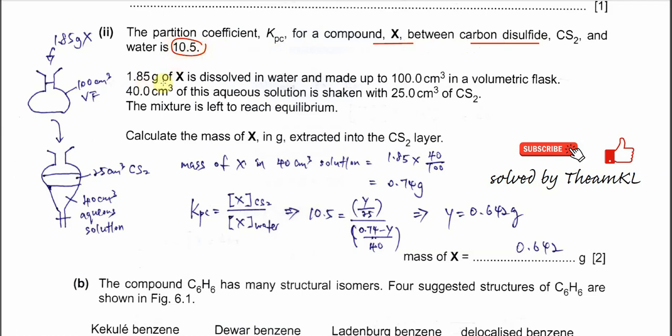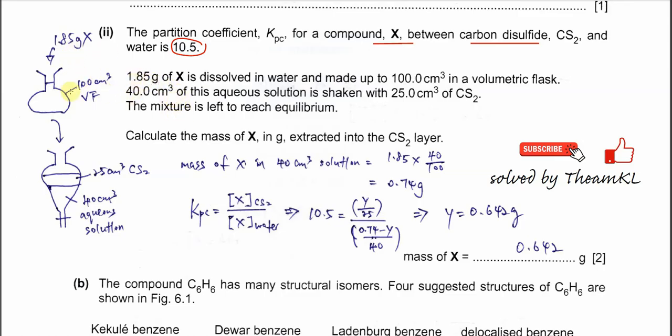So 1.85 gram of X, the solute, is dissolved in water and made up to 100 cm cube. After that, 40 cm cube of this solution is shaken with 25 cm cube of CS2. So from here you need to do a calculation to get the mass of the solute in 40 cm cube.